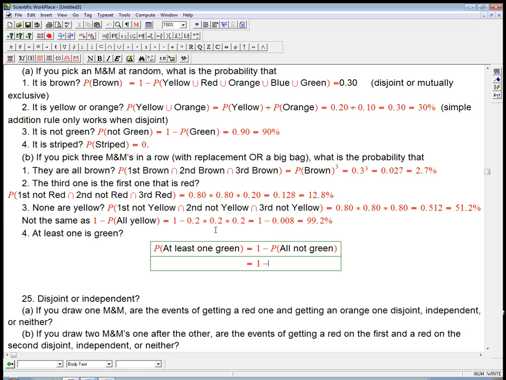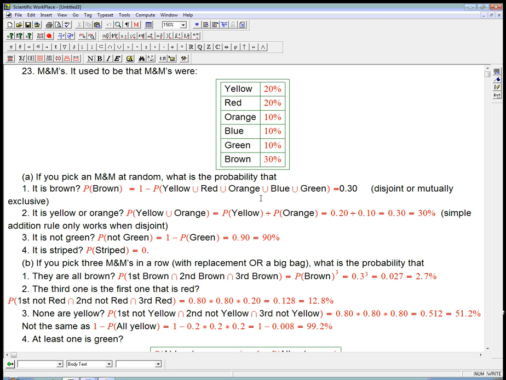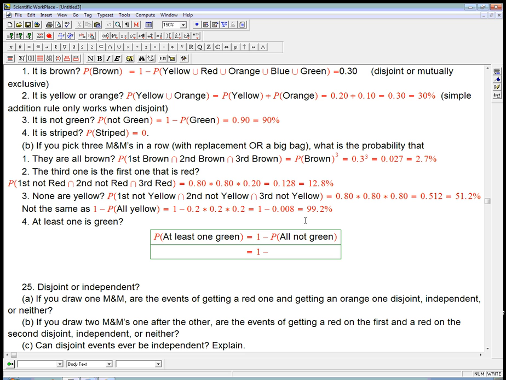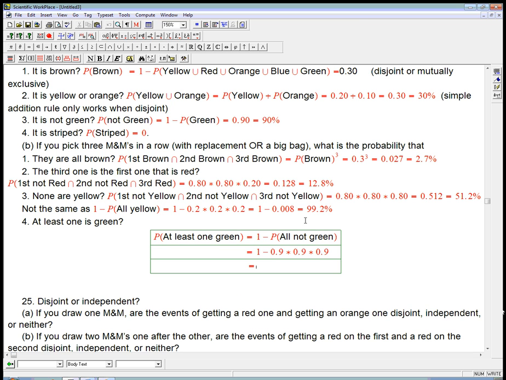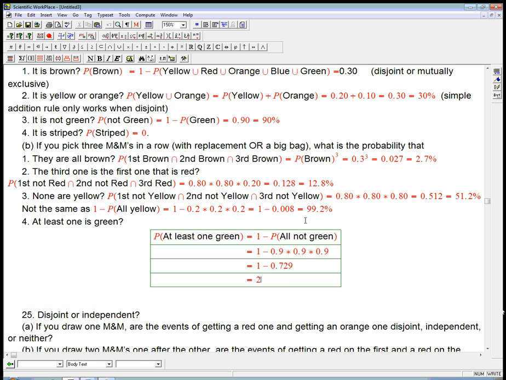So 1 minus, so all not green is going to be, the first one's not green, that's 90%, and the second one's not green, that's 90%, and the third one's not green, that's 90%. Okay, and then I can do that. That's 1 minus 0.729, and that's 27.1%.